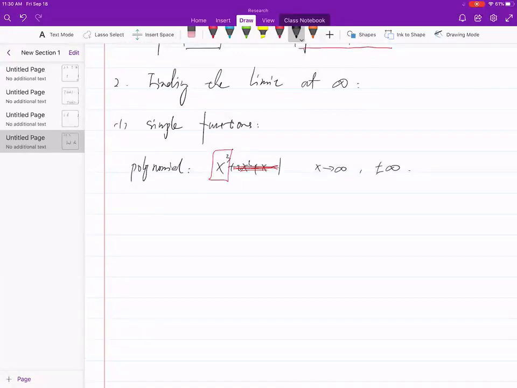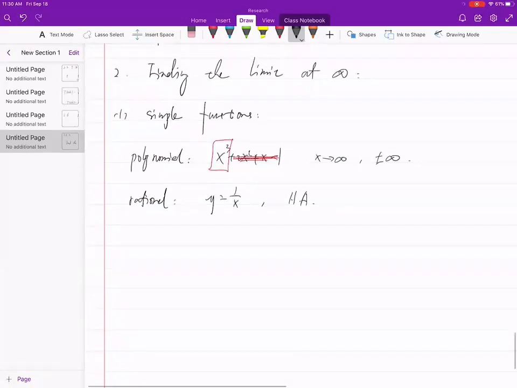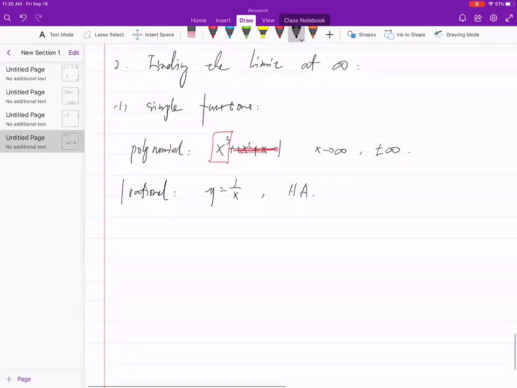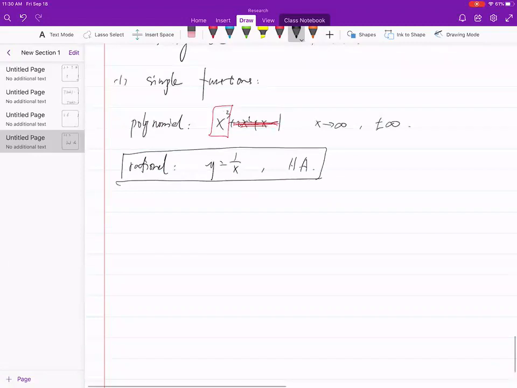Sounds good? Cool. Rational. We just did it. This is rational. And clearly, horizontal asymptote is possible. Okay, so this is a tricky one because when we have something not trivial, exponential, does this one have a horizontal asymptote?